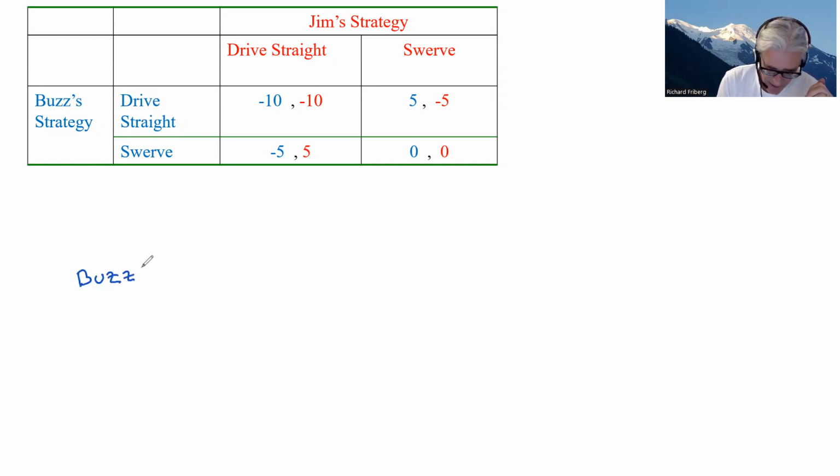We're depicting branches of the tree here. We're using branches to depict the different strategies that Buzz has. So if there were 3 strategies, there would be 3 branches. So Buzz can choose to drive straight, or he can swerve.